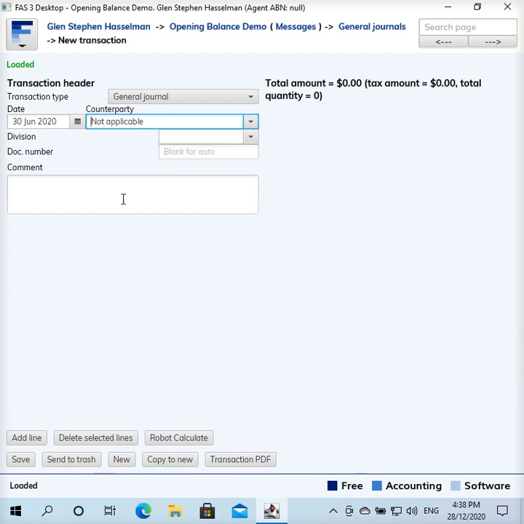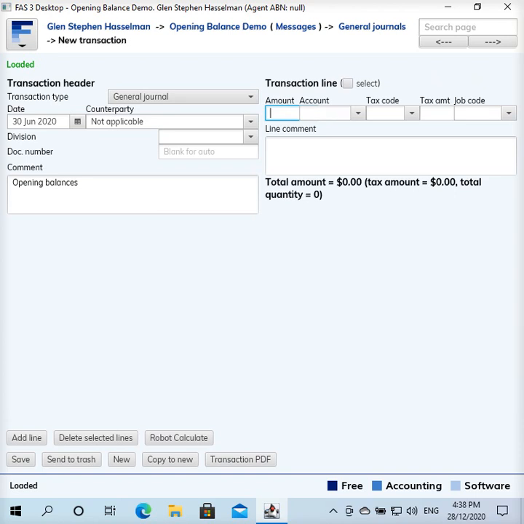But anyway, you could do as many journals as you like to get this right, as long as you get there in the end. Okay, and I'm just going to write opening balances.